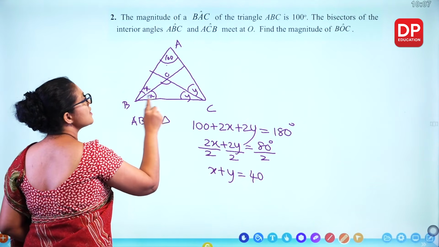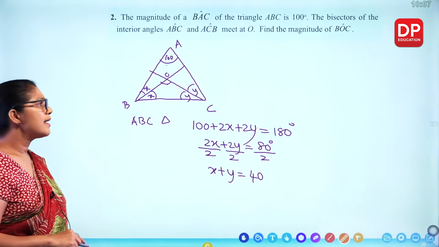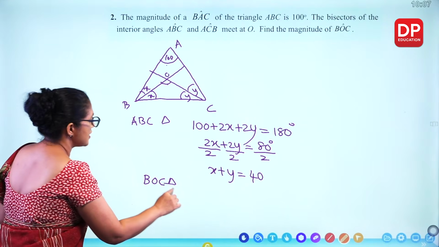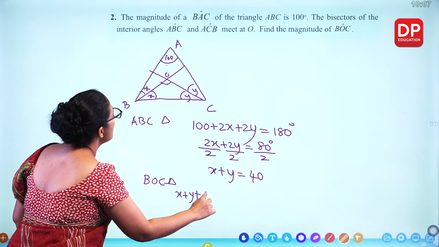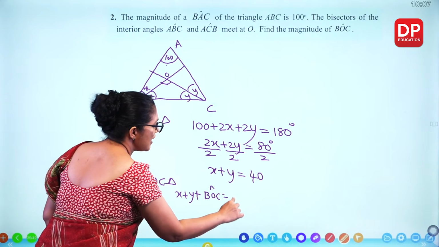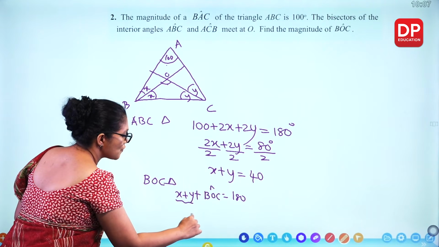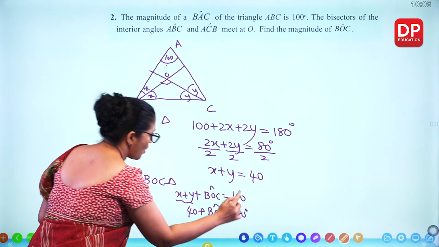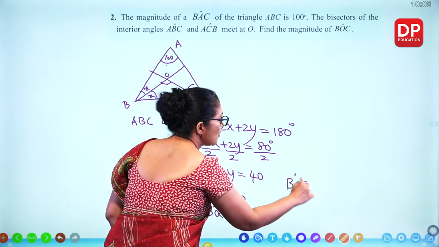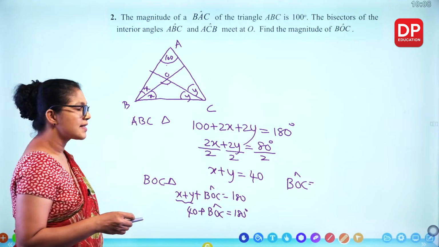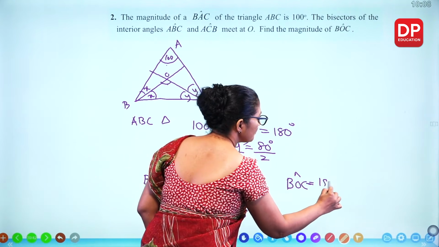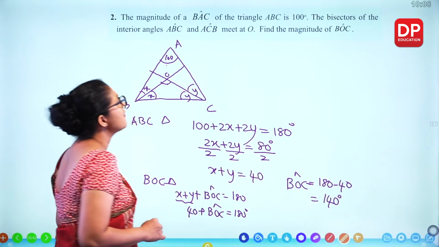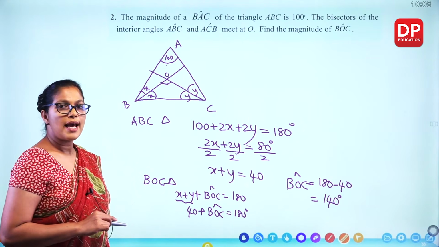We know x plus y is 40, so how can we find out the other angle? When you take BOC triangle, I can write x plus y plus BOC angle is 180, but we know x plus y is 40. So what is BOC angle? BOC angle is 180 minus 40. I get 140 degrees. So that's the BOC angle.